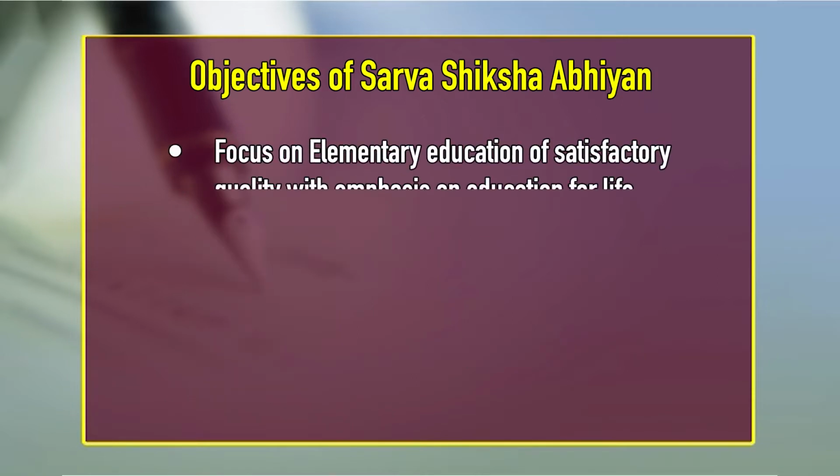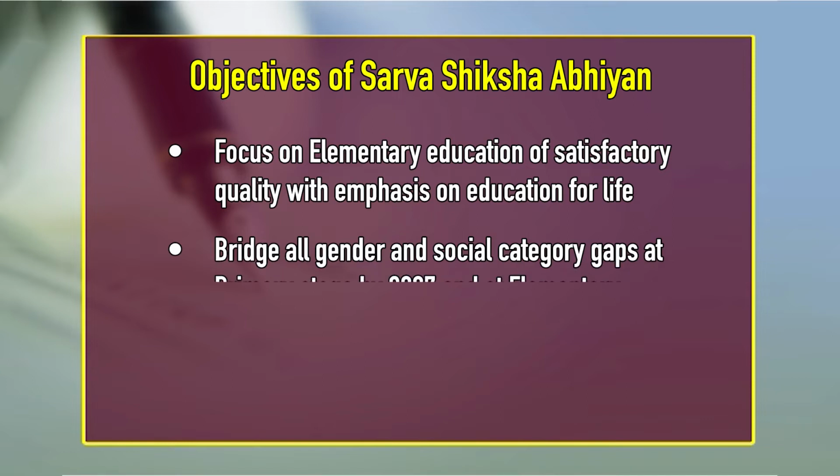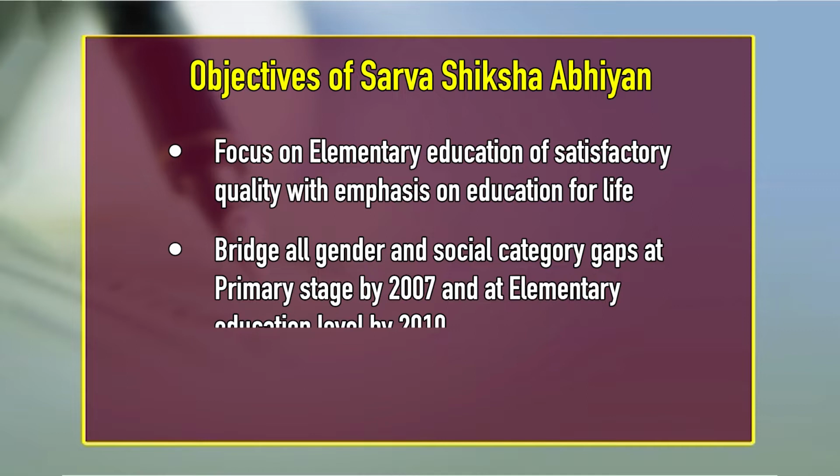Focus on elementary education of satisfactory quality with emphasis on education for life. Bridge all gender and social category gaps at primary stage by 2007 and at elementary education level by 2010.